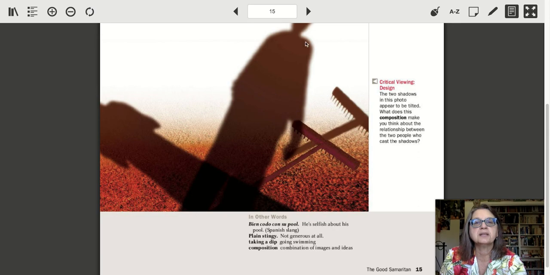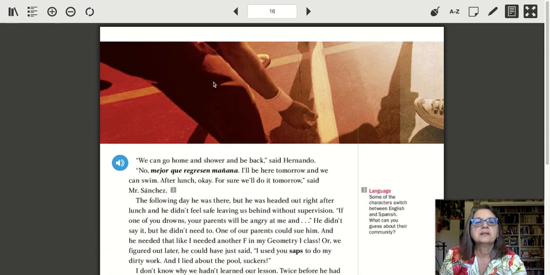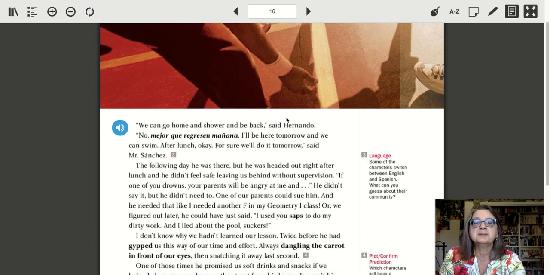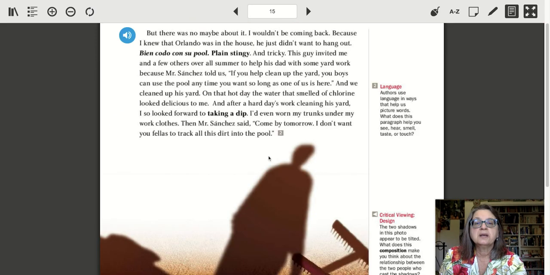Okay, next page, 16. Looking at the pictures again, seeing that sweatband, wristband, usually for wiping sweat away, I'm thinking hot work. Let me go back to the other one.